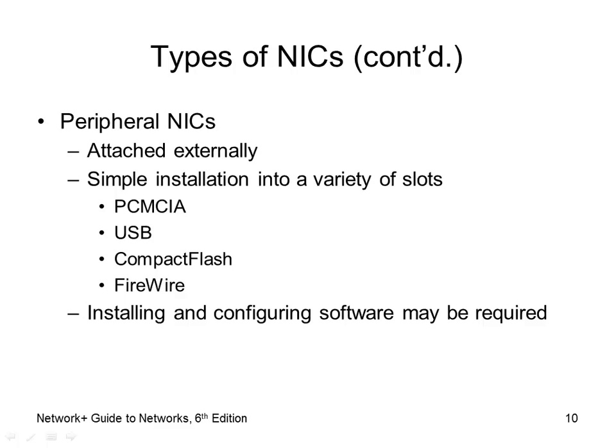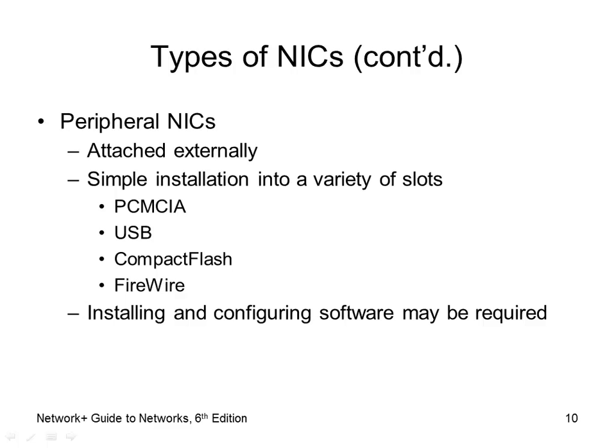So USB NICs, they call that a peripheral NIC, and that's attached externally. And there can be all of these others. I just finished an A+ class, and in it I talk about all the different types of external connections. But basically, USB is ruling the world now when it comes to external devices.